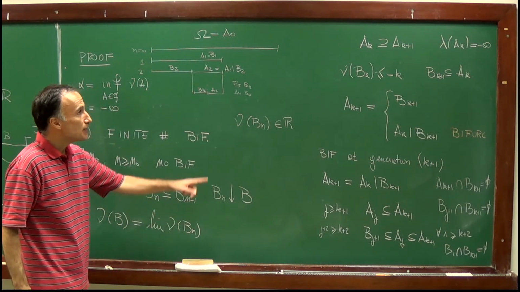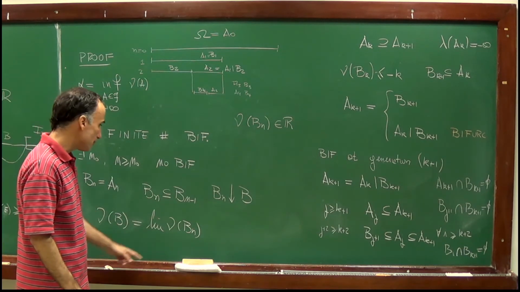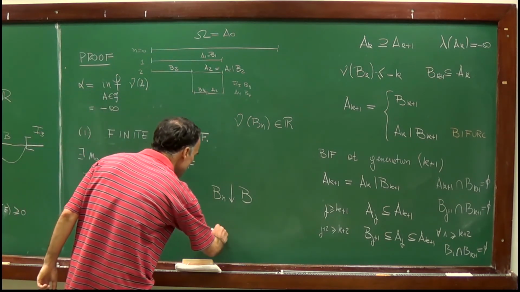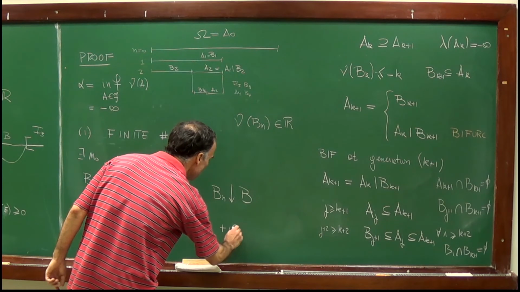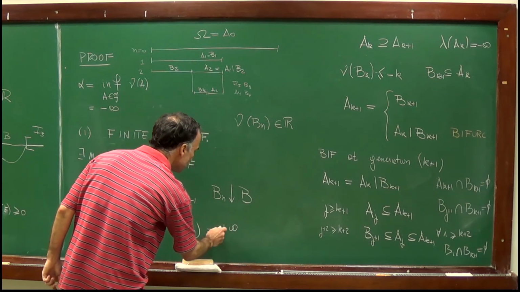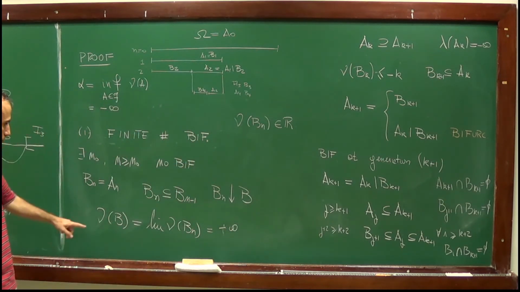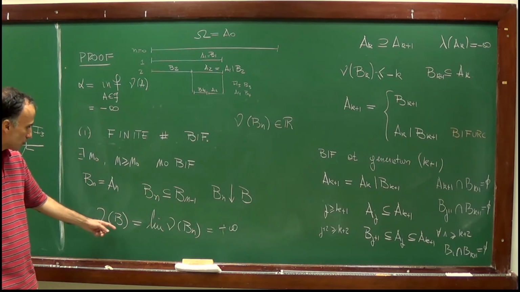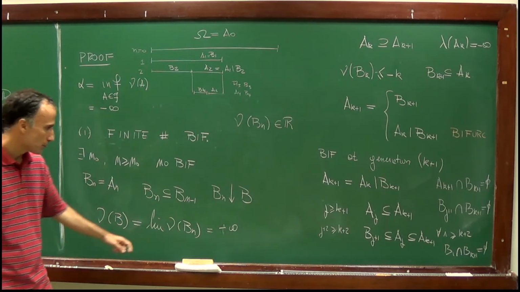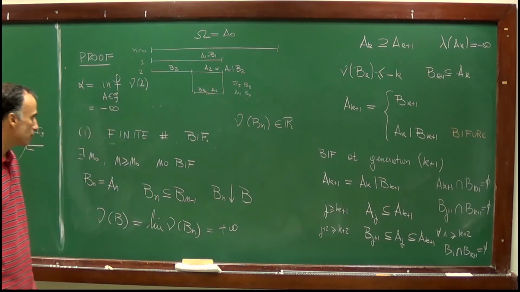Well, nu of Bn is less than or equal to minus n, and therefore this limit has to be minus infinity, which is a contradiction, right? Because we just obtained a set B which has measure minus infinity.